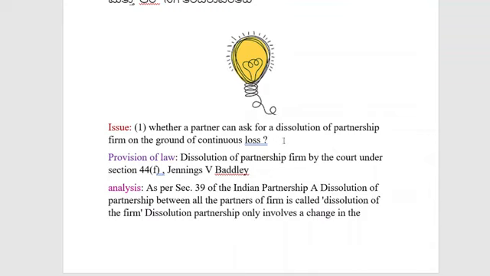The issue is whether a partner can ask for dissolution of the partnership firm on the ground of continuous losses. You can add here also: even though it is a partnership for 20 years, even though the partnership is for a certain period.